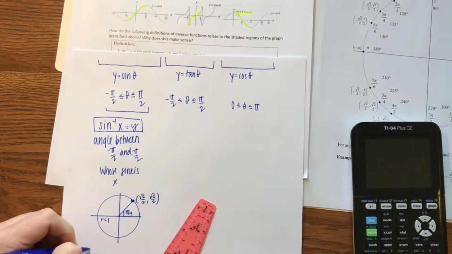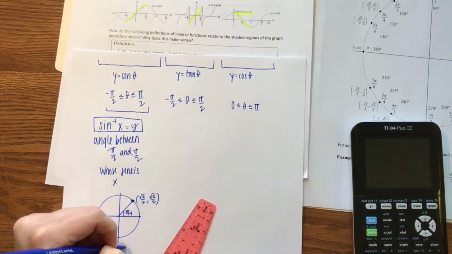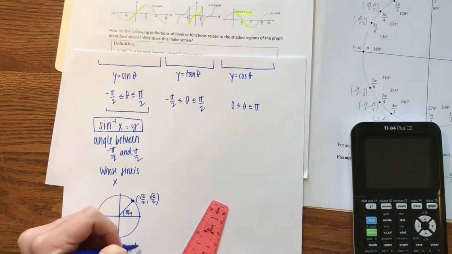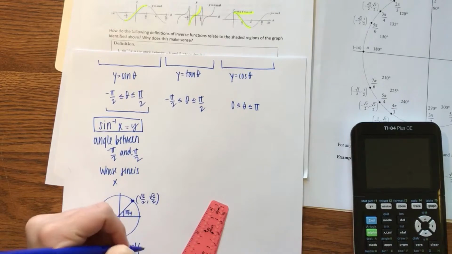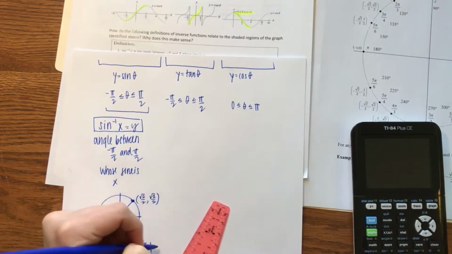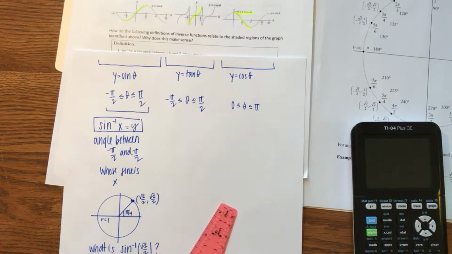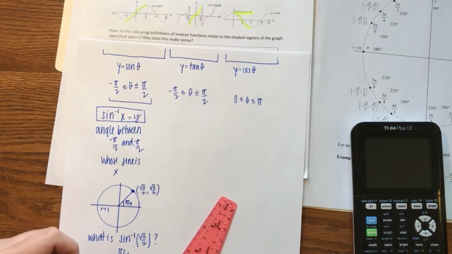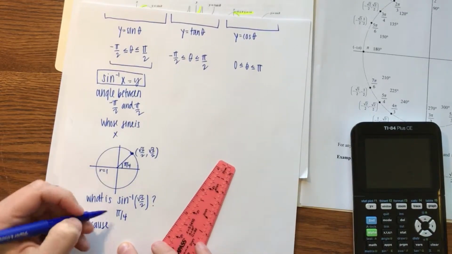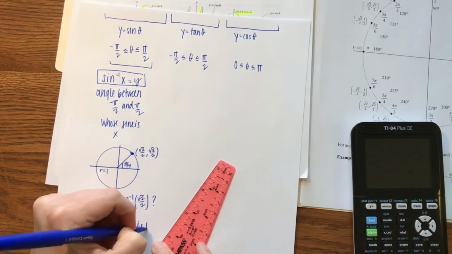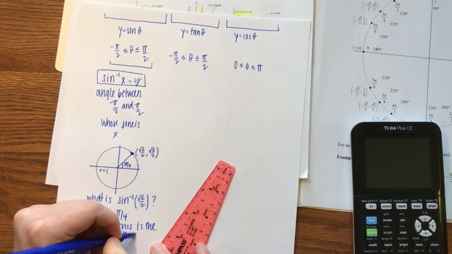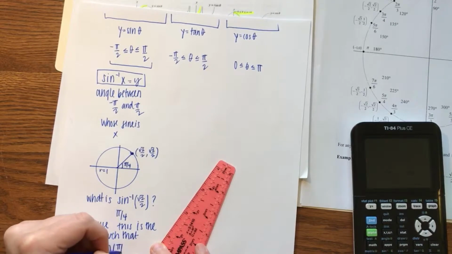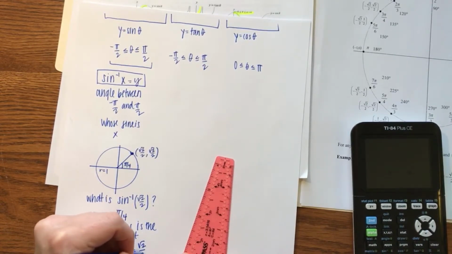So if we were to ask, for example, what is the inverse sine of square root 2 over 2, well, it's equal to pi fourths, because this is the angle such that sine of pi fourths equals square root 2 over 2.